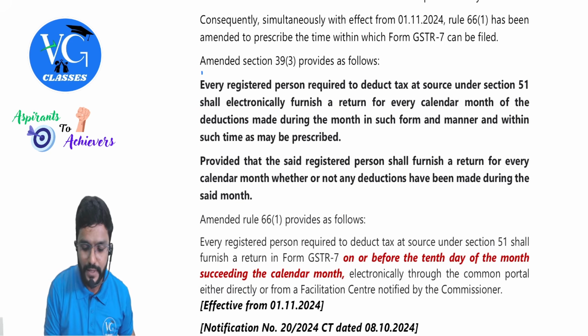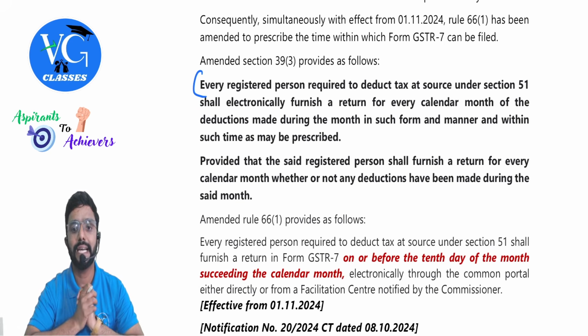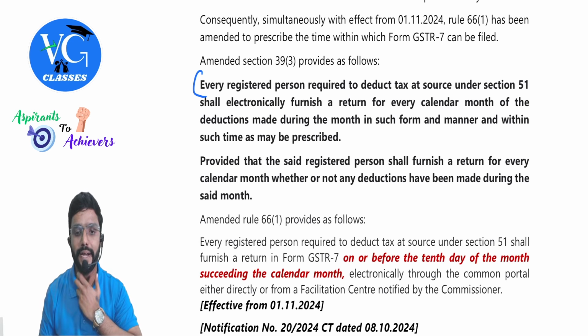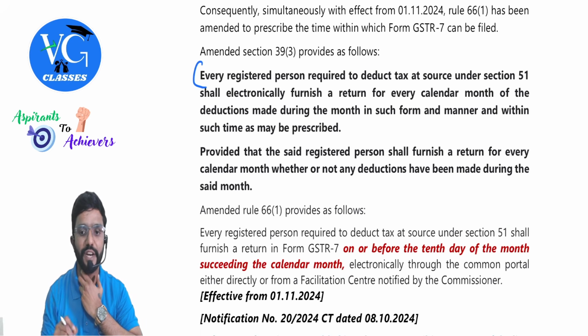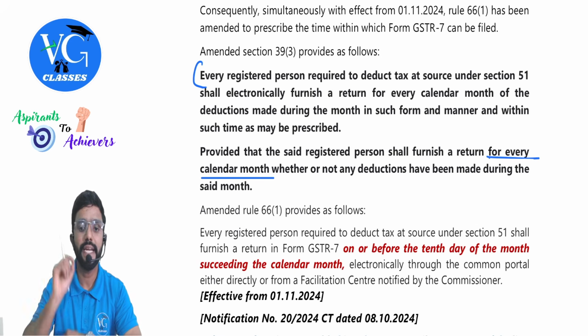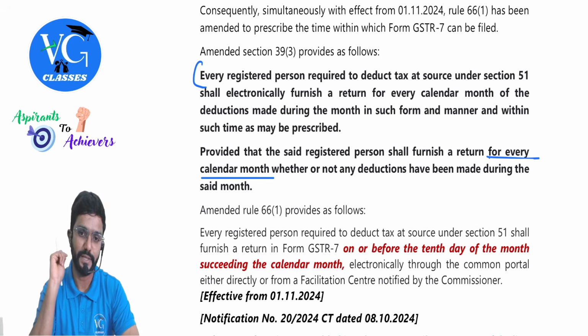Every registered person required to deduct tax at source under section 51 shall electronically furnish a return for every calendar month of the deductions made during the month in such form and manner and within such time as may be prescribed. Provided that the said registered person shall furnish a return for every calendar month, whether or not any deductions have been made during the said month.